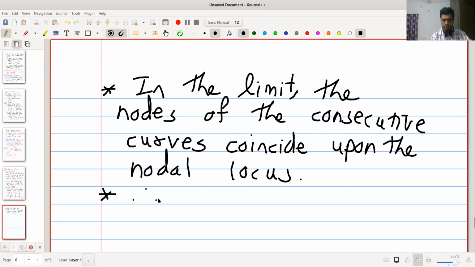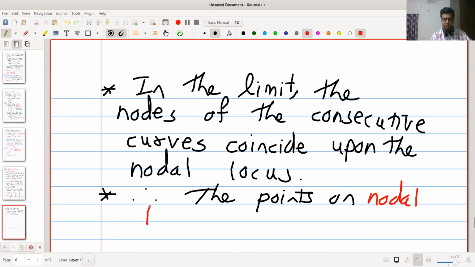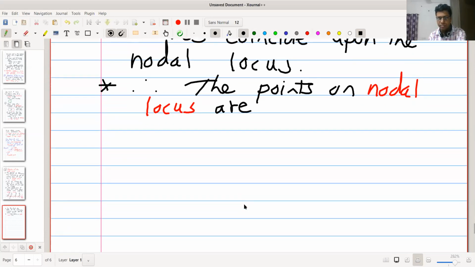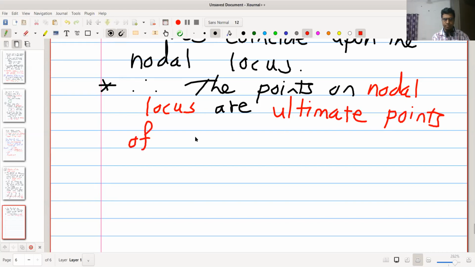Therefore, the points on the nodal locus are ultimate points of intersection of consecutive curves.